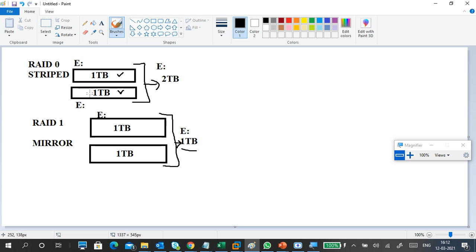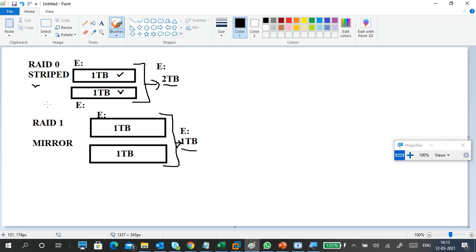But I'm getting high size. For example, I have got a project and I have to put a lot of data. A single disk is not enough. I added another disk and created a stripe. So both combined and it is giving more space. That is a striped volume.